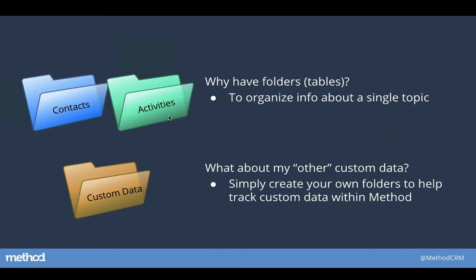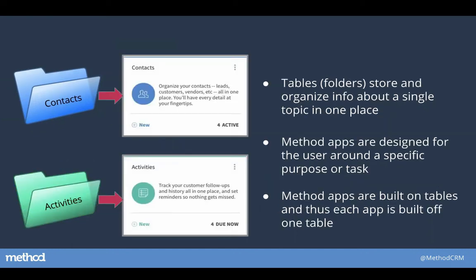All these small and medium businesses out there have information that is unique to them that they need to track. So you can go inside of Method and create a table to track custom information as well, and Method will accommodate that. So we're really just talking about the structure, the foundation of Method, as an area where you can hold information, and it is organized and grouped together into these folders or tables depending on the topic of that information.